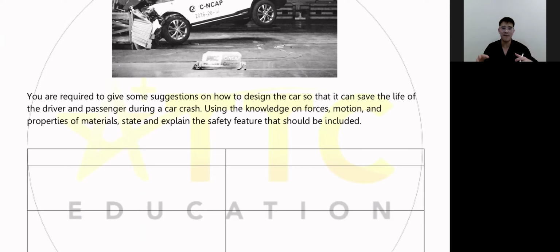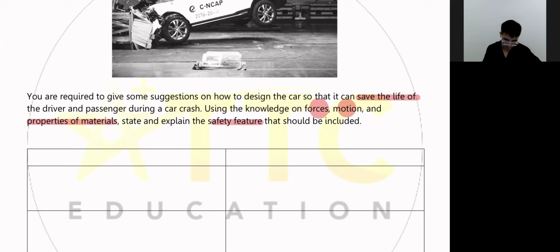So that means you have to make this car more safe. The safety level has to increase so that this car can save the life of the driver and the passenger. So using the knowledge of force, they tell you to use force, use motion, use properties of the material, and then explain the safety feature that should be included in the car. And at the same time explain your choice of characteristic.